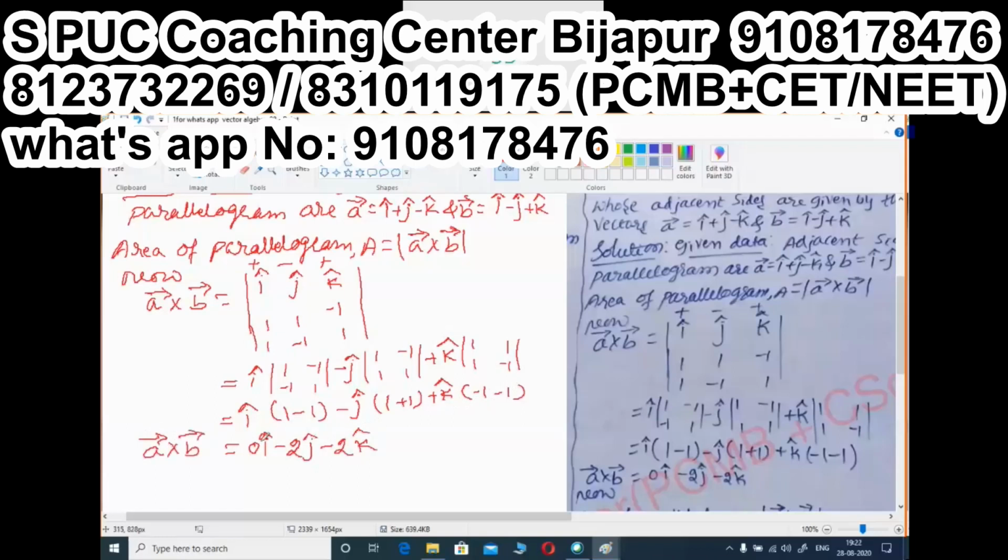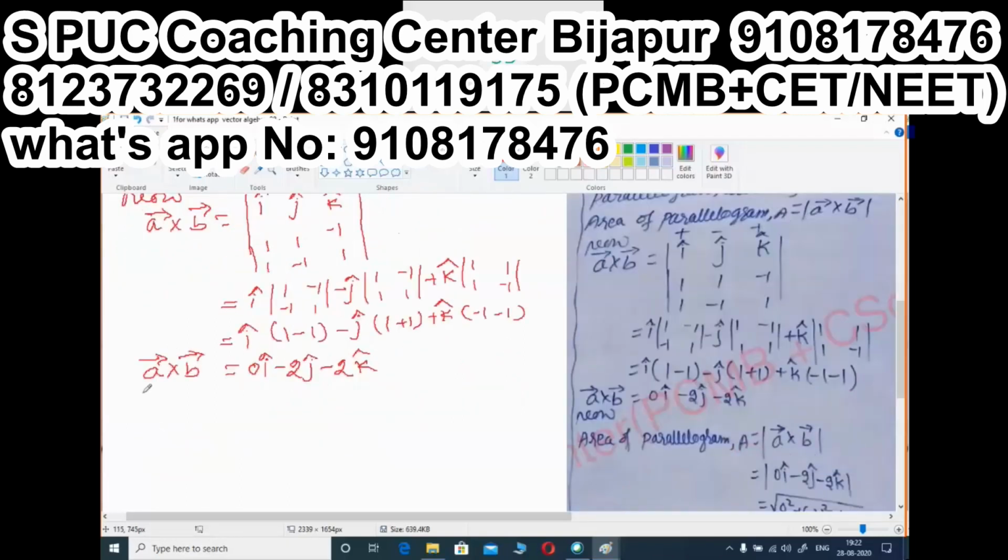Once you have obtained A cross B, rewrite the formula for the area of the parallelogram and find its modulus. Whatever value of the modulus of A cross B you get, that is the area of the parallelogram.